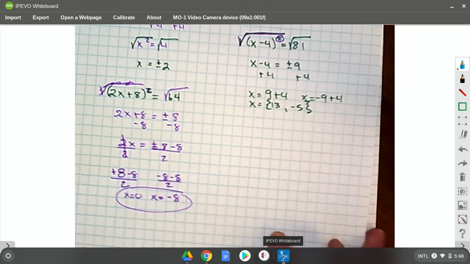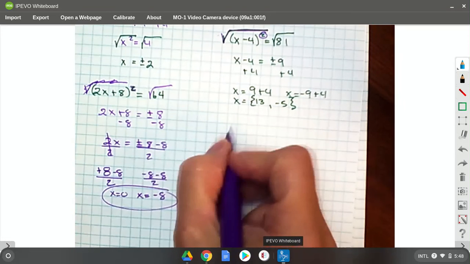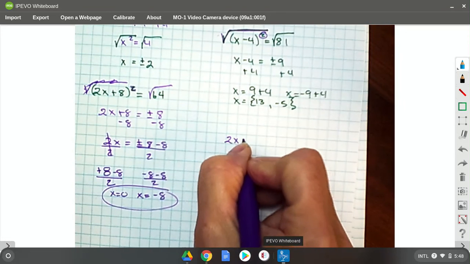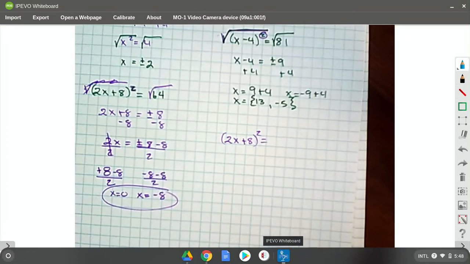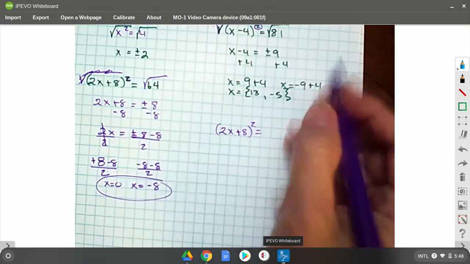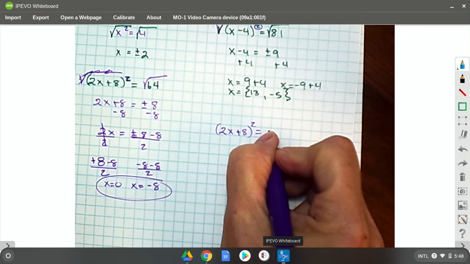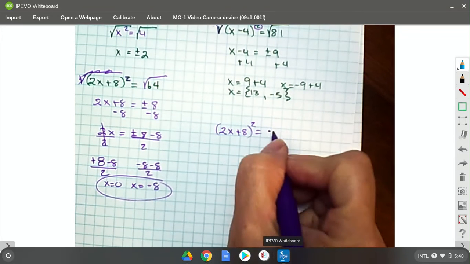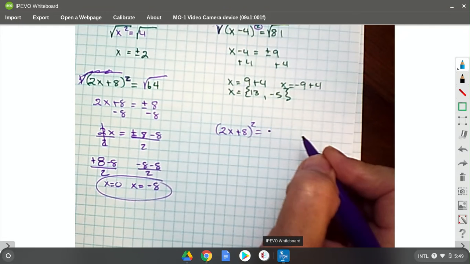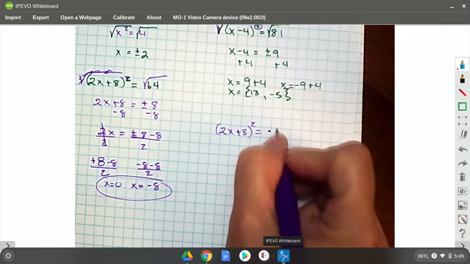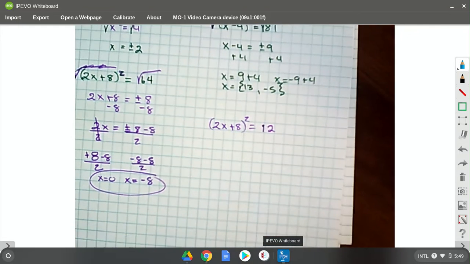What if it doesn't come out with a perfect square? I'm going to use this one again. I'm going to say 2x plus 8 squared equals, we'll say 12. Okay, 12 is not a square number.